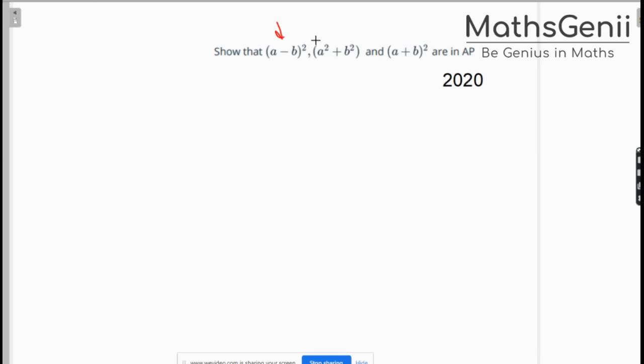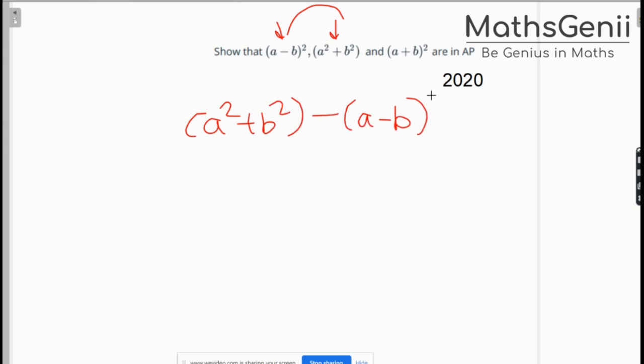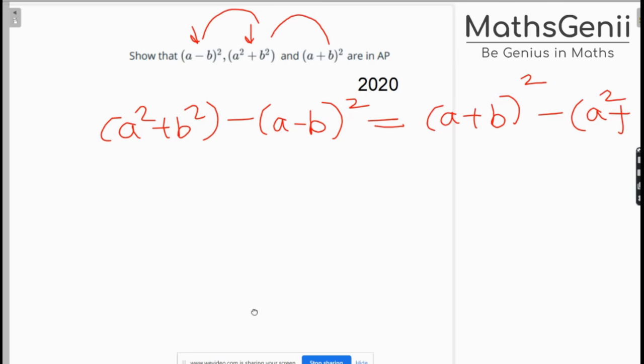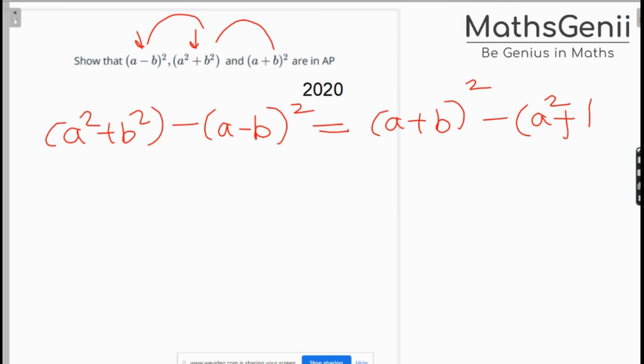So what I'm going to do is this minus this, a square plus b square minus a minus b the whole square, should be equal to this minus this, a plus b square minus a square plus b square. So this minus this is equal to this minus this. If this comes equal, then you can say that they are in AP.